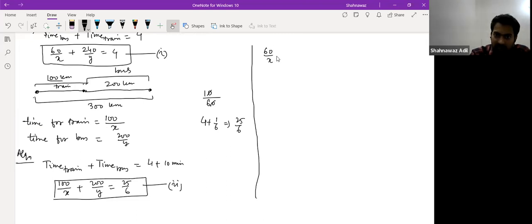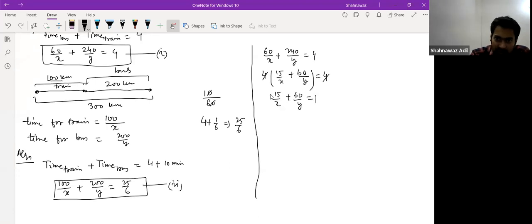60 by X plus 240 by Y is 4. We can take 4 common, so this is 15 by X, and 4 cancels, so 15 by X plus 60 by Y is 1.